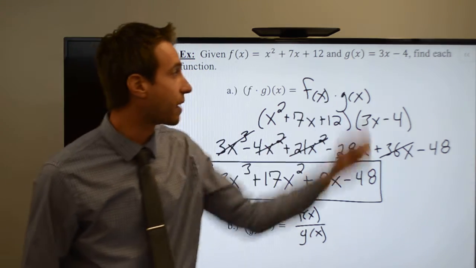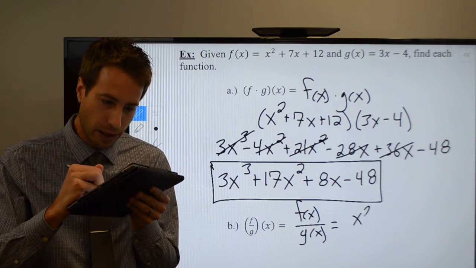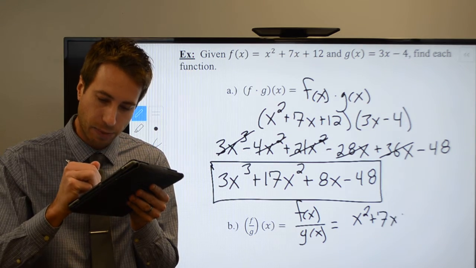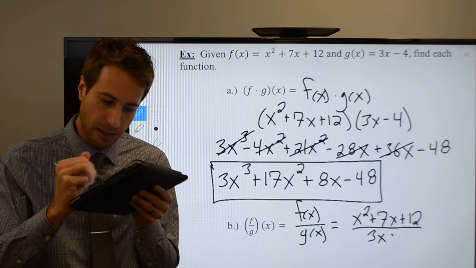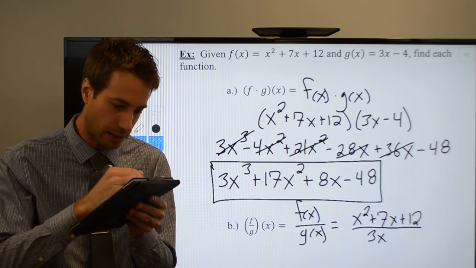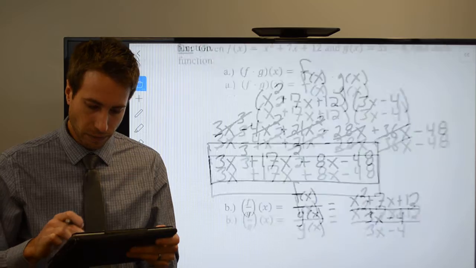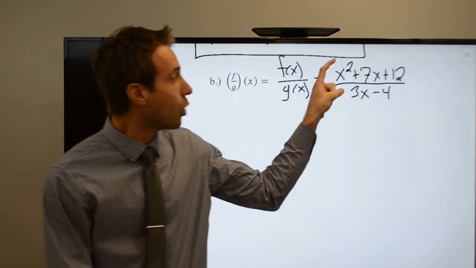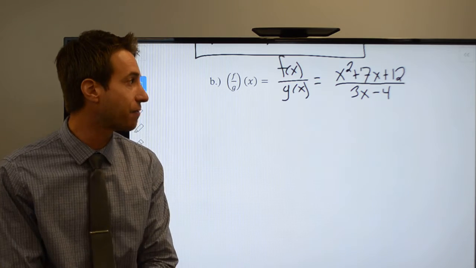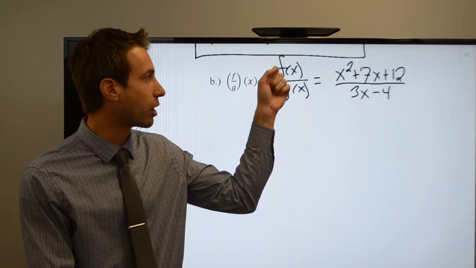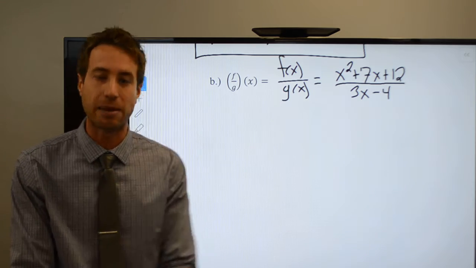So what I have is x squared plus 7x plus 12 divided by 3x, not plus, 3x minus 4. Well, like I said, we've seen this before when we did division of polynomials back in chapter 5. The only difference here is now we're just calling it f of x divided by g of x. We're just calling them functions. It's the same thing though.